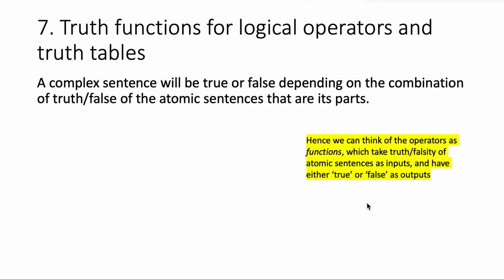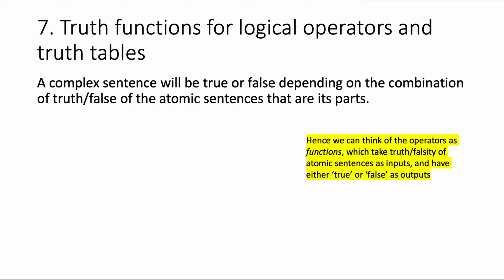This is just sort of another way of spelling out what I've just said. We can think of the logical operators as functions, and they take the truth or falsity of the atomic sentences as inputs, and they have either true or false as outputs.